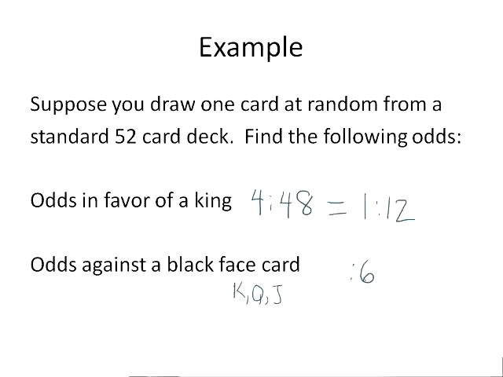Now, why did I put that on the right-hand side of the comparison? Because this was asking for odds against, so that goes on the right-hand side. Now, how many outcomes are not black face cards? Of course, there are 46 of those, so this reduces to 23 compared to 3. Common factor of 2 in both of those.